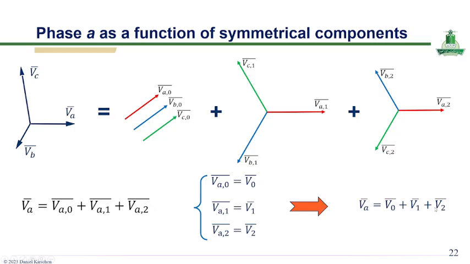This formulation is fundamentally used in power system analysis, especially for studying unsymmetrical faults, as it allows a complex unbalanced system to be analyzed by using three simpler balanced networks.